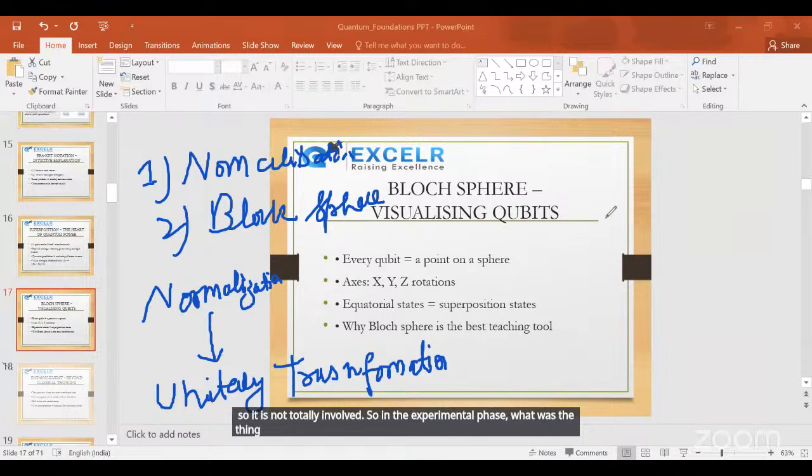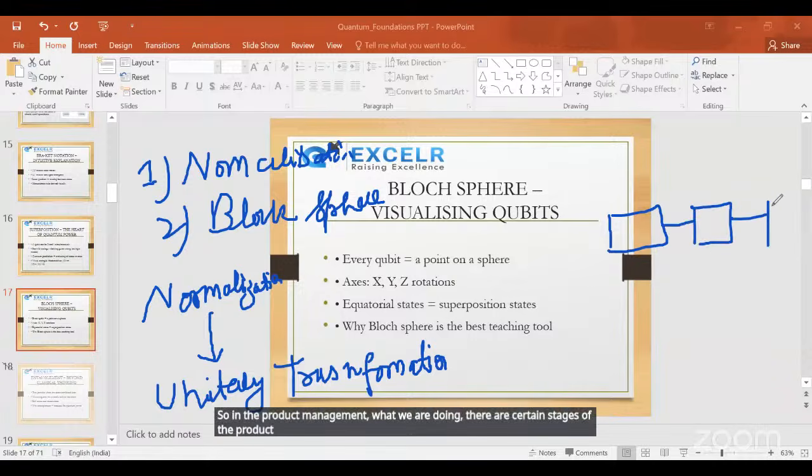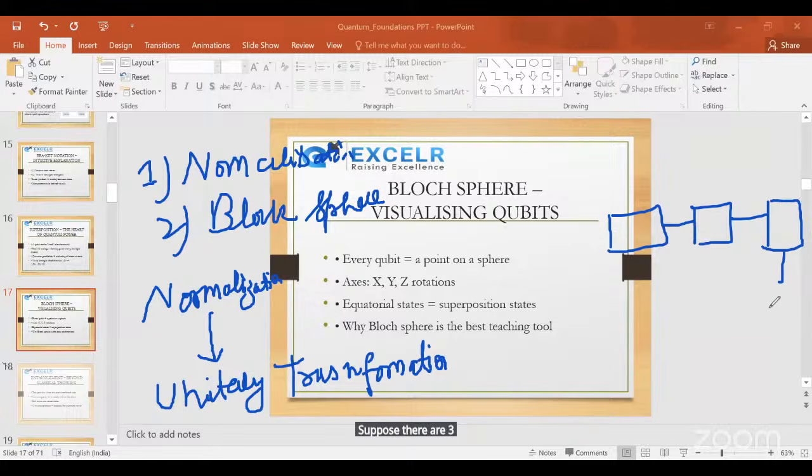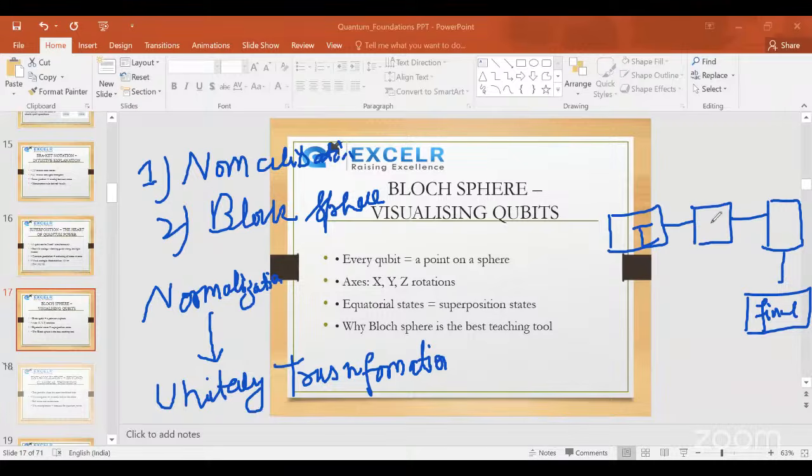So it is a thing of product management. In product management, there are certain stages of a product. Suppose there are 3 stages, then a fourth, final stage. Quantum computing is also a product.